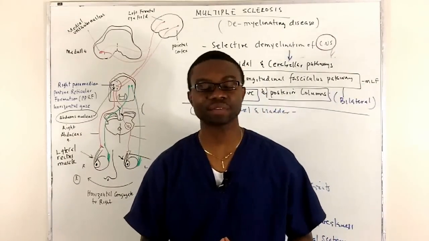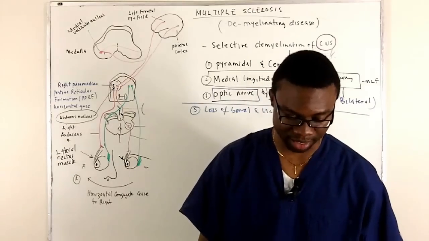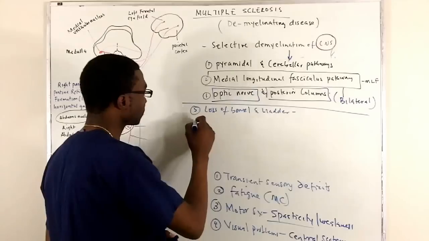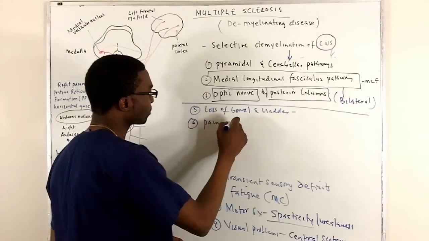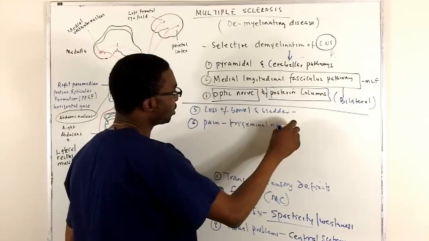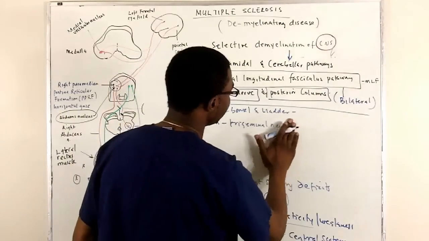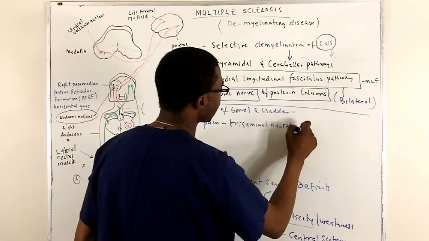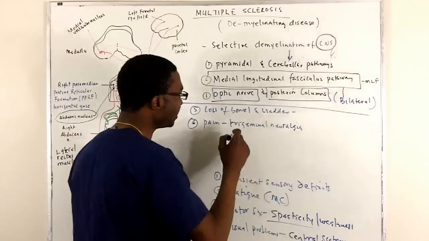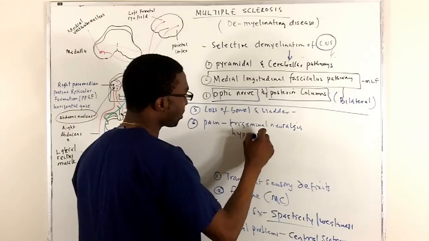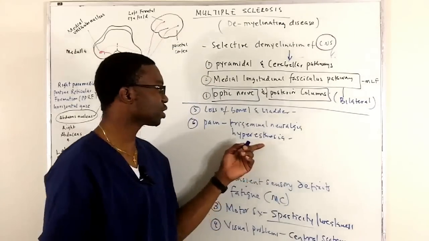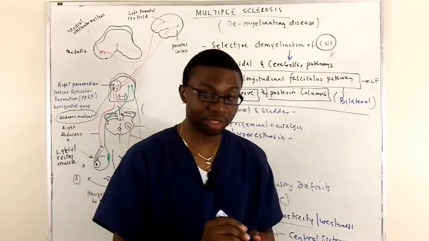And this is very, very frustrating, but it's a very, very common complaint, because they can develop trigeminal neuralgia, or even develop hyperesthesia. They're extremely sensitive to pain, to touch, and they have trigeminal neuralgia.